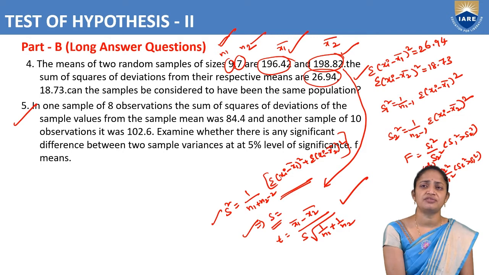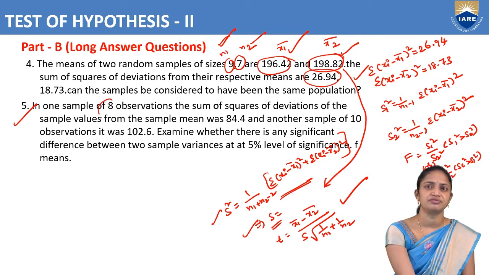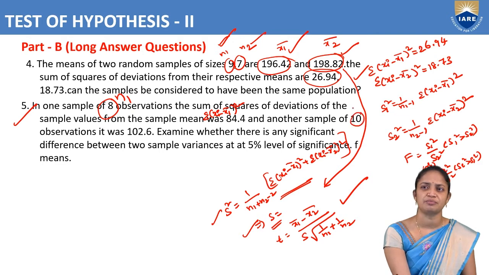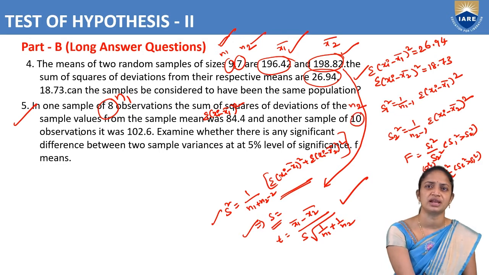In one sample of 8 observations, the sum of squares of deviations. One sample of 8 observations means they have given the n1 value, and the sum of squares of deviations from the mean is summation xi minus x1 bar whole square. For another sample, let us consider this as n2, and the sum of squares of deviations is summation xi minus x2 bar whole square.